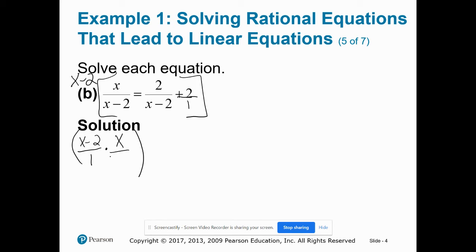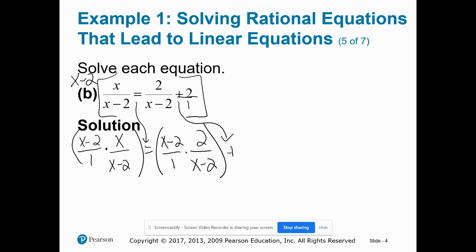So we are multiplying x minus 2 by all 3 parts. And we have this plus.